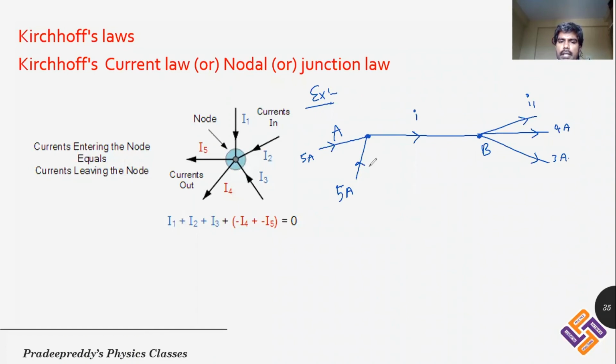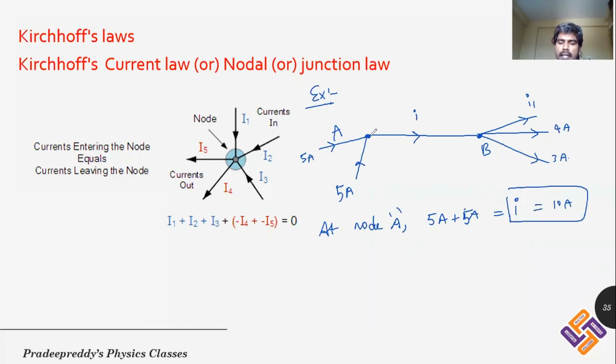Current entering will be 5 ampere and 5 ampere. Current leaving should definitely be equal to current entering. So at node A, 5 ampere plus 5 ampere is equal to current leaving. That current is equal to I, which is 10 ampere.